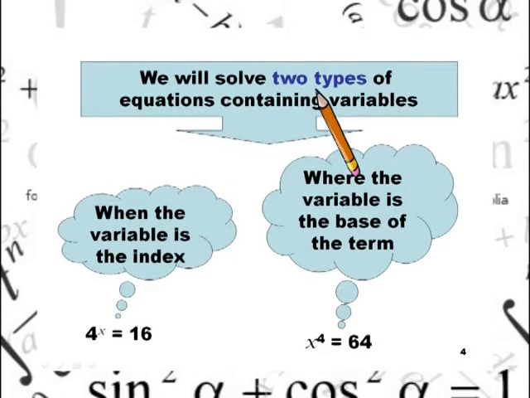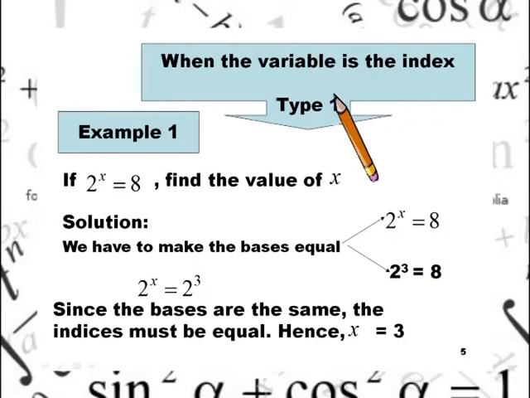We will solve two types of equations containing variables. 4 to the x power equals 16, where the variable is in the index. X to the 4th power equals 64, where the variable is the base of the term.